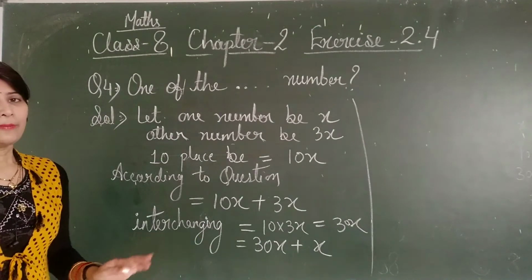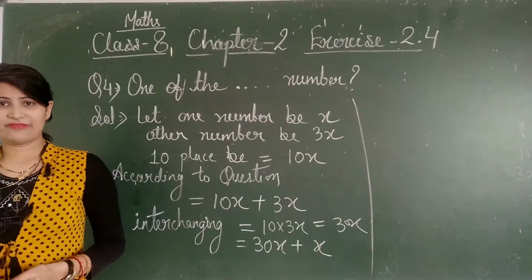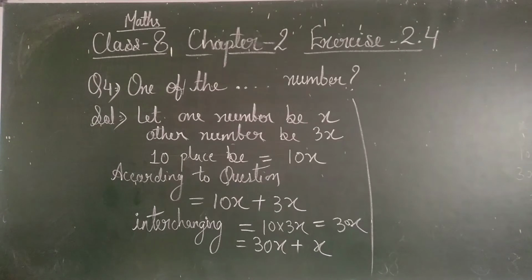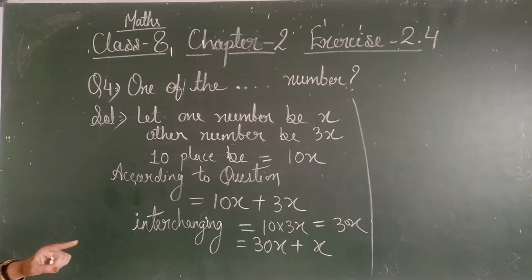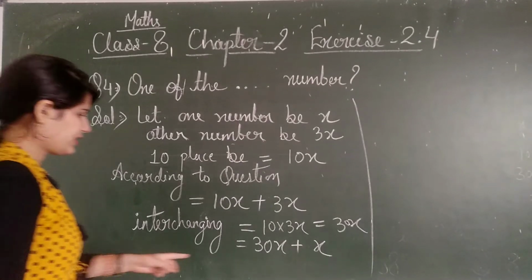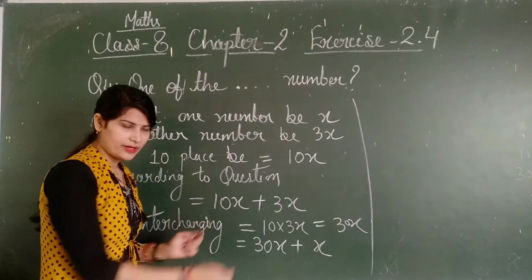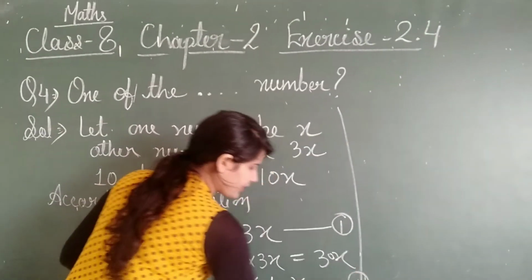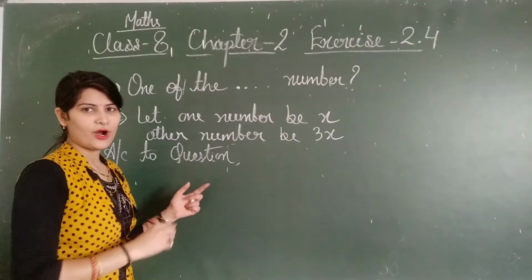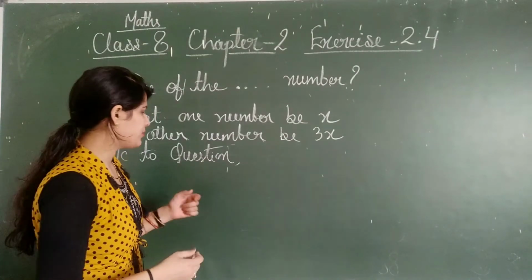Solve the question, because there is a statement given in the question. What is the statement? I am reading the question again. Interchanging the digits of the two-digit number and adding the resulting number to the original number, you get 88. So I am adding this one and this one, because this is the original number. According to the question, now interchange, add these numbers.